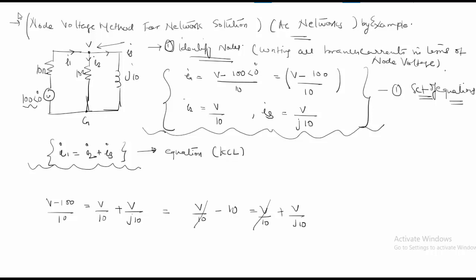So this and this cancel, and my minus 10 is equal to V divided by j10, which gives V equal to minus 100j.